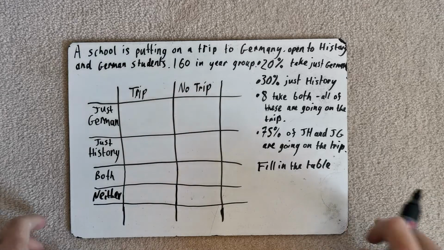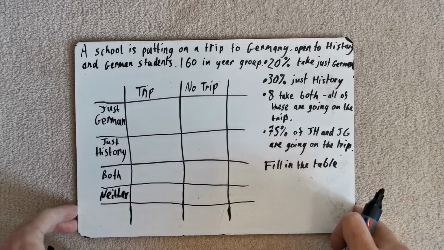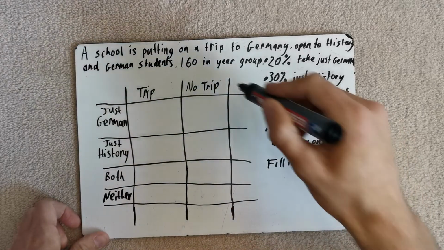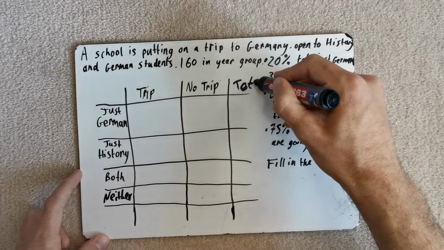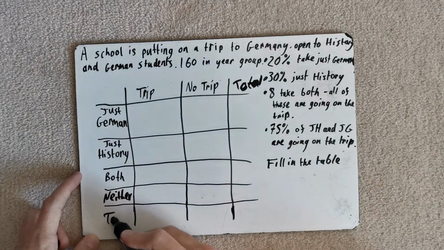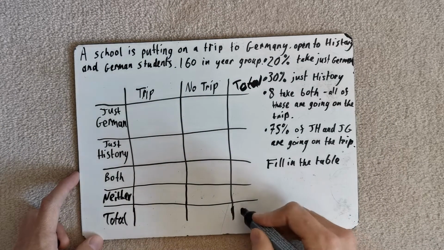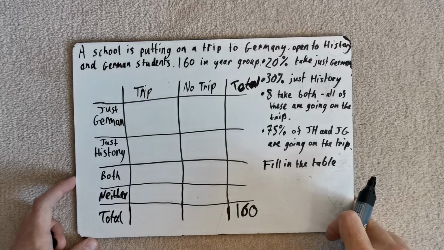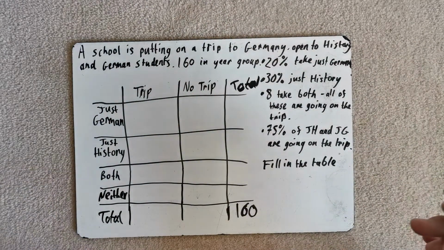Right, so let's have a look at how to tackle this. So first of all, 160 in a year group. That is your grand total. So let's put in our totals here. So 160 total. 20% take just German.